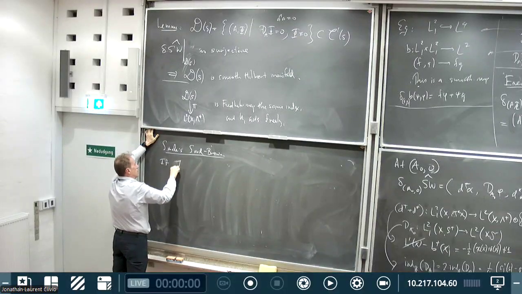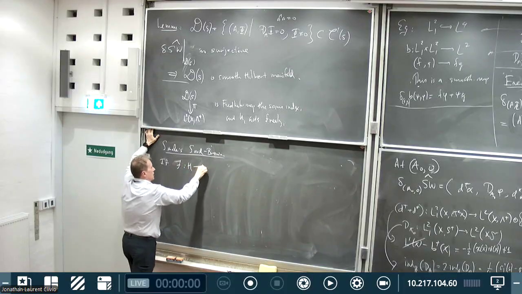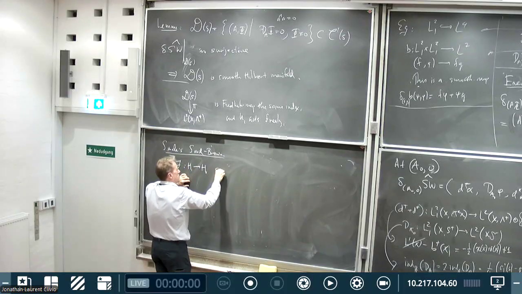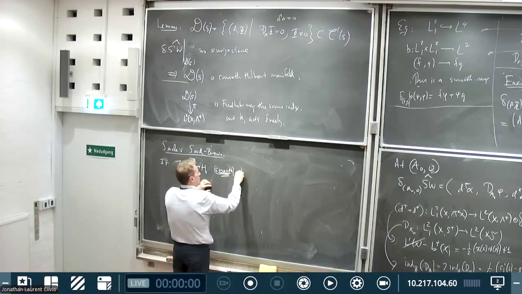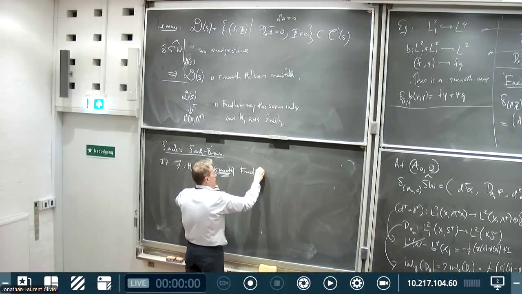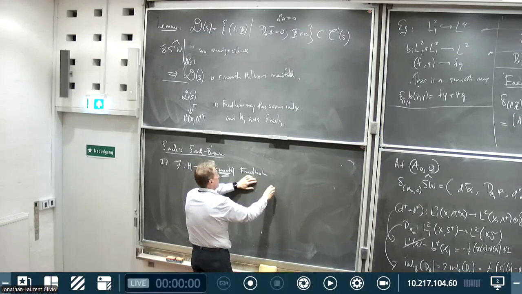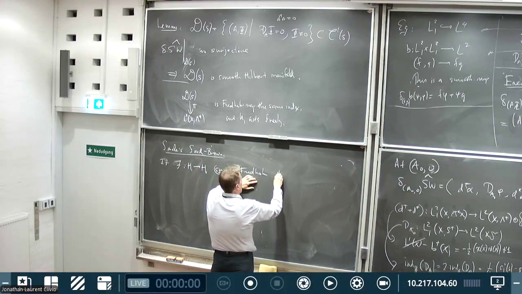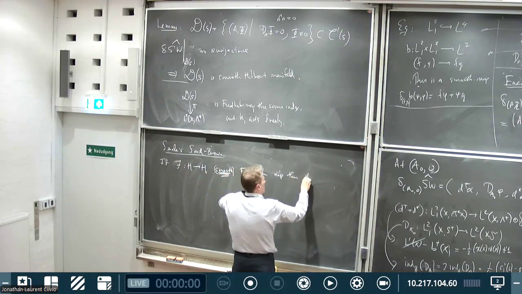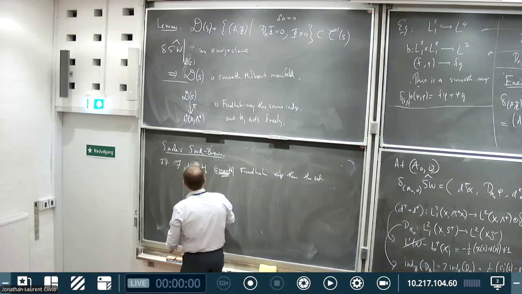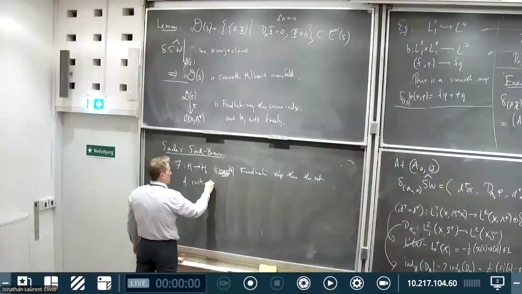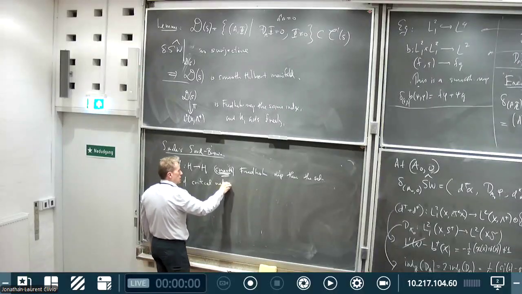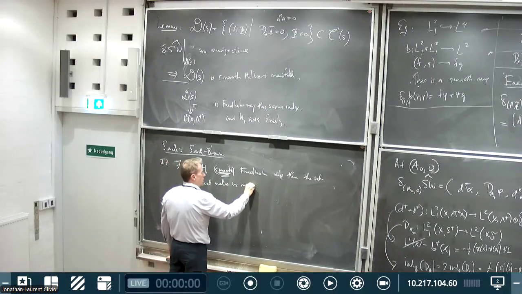If we have a smooth Fredholm map, then the set of critical values is meager.